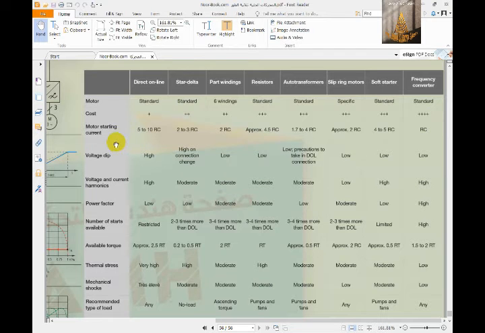According to motor starting current, it's 5 to 10 times rated current (RC) for direct online. For star delta, it's 2 to 3 RC, and it's very good. Part winding is just 2 RC. Resistors are approximately 4.5 RC, and auto transformers are 1.7 to 4 RC.